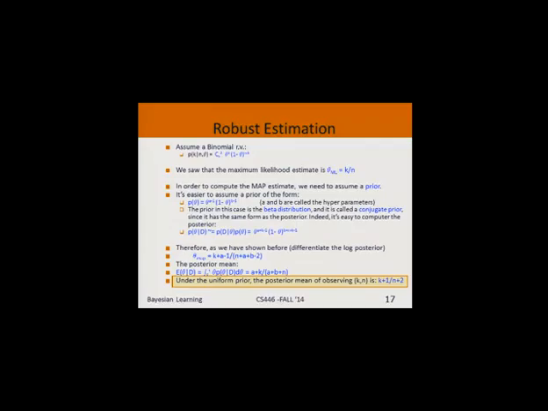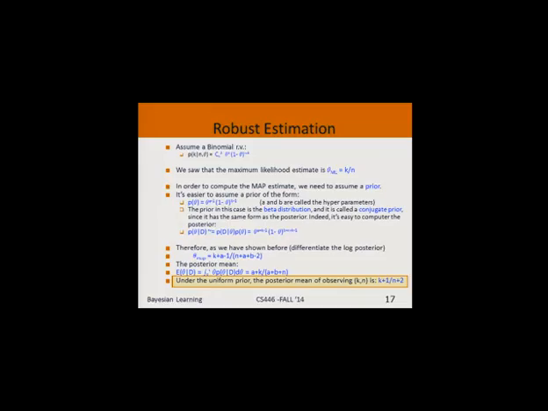Which kind of is a justification for why I should smooth this way. So if I observed k heads in n experiments, I'm going to call this k plus 1 over n plus 2.